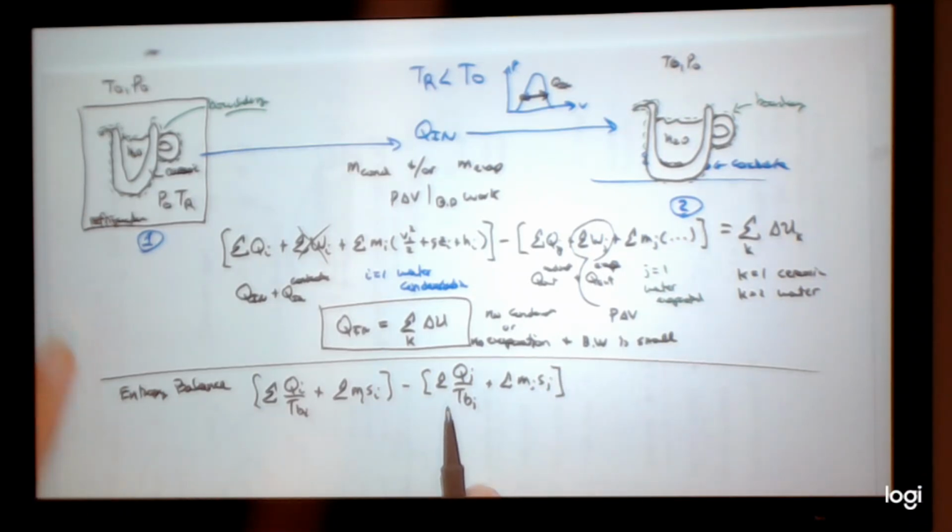Okay, so again, summation notation: all the forms of heat in over a corresponding boundary temperature in, plus all the forms of masses in with a corresponding entropy per unit mass, and then all the forms of heat out relative to the boundary temperatures of the heat out, and all the forms of masses out and the entropy per unit mass of the masses out. And then plus the entropy generated in the universe has to equal the sum of the change in entropy relative to all the forms of masses inside your boundary.